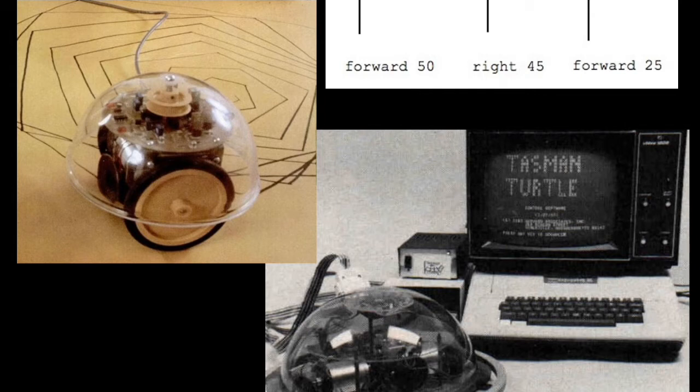So essentially, if you look at the top right of your screen, this is what the turtle in its virtual form would look like on the screen. This is also what the language would look like. It's very simple. You would just say, have the turtle go forward so many steps, turn right or left at an angle of so much, and then go so many steps again, turn again.